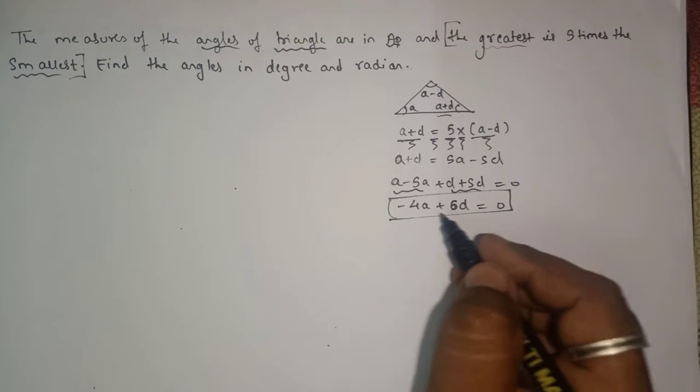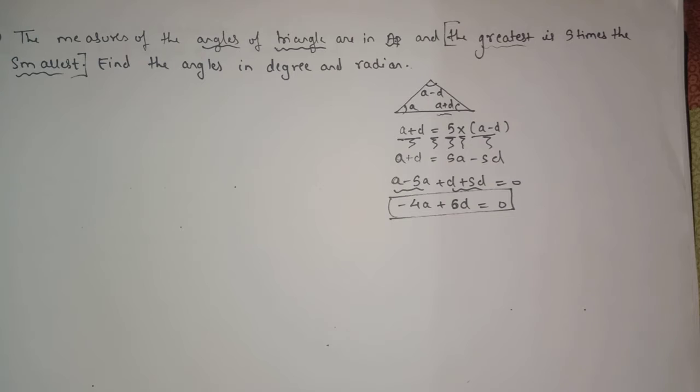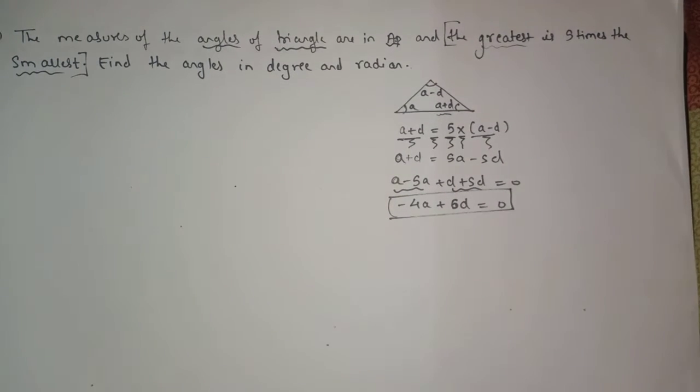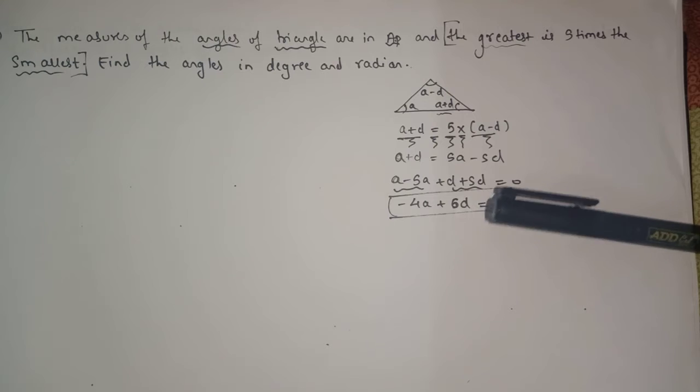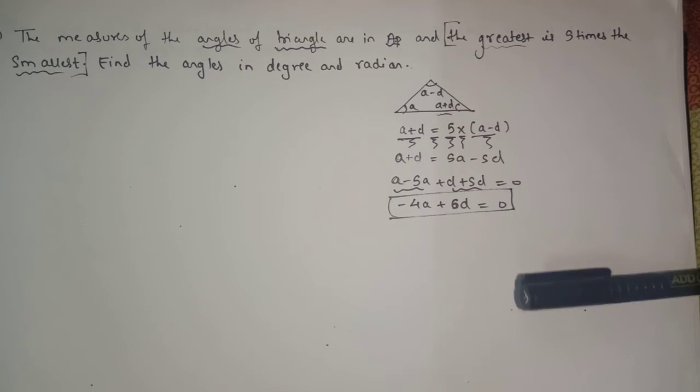As clearly we can see, the equation which we got is in linear form, as here we have two different variables and the power of the variable is 1. And for a linear equation in two variables, we cannot solve the sum without a second equation; we require two different equations to solve simultaneously.